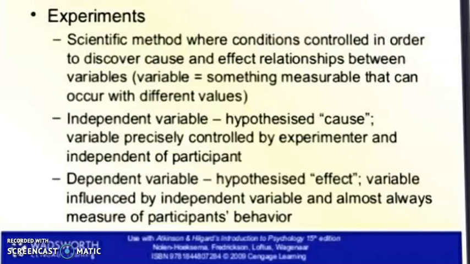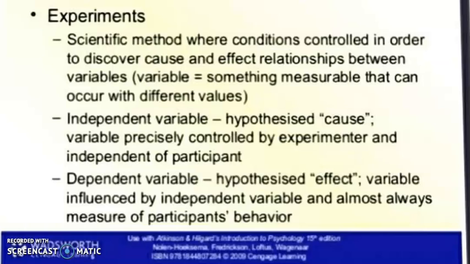In experiments we are dealing with two kinds of variables, the independent variable and the dependent variable. The independent variable is the variable that is causing an effect on the other variable, and the variable that is being affected is called the dependent variable.